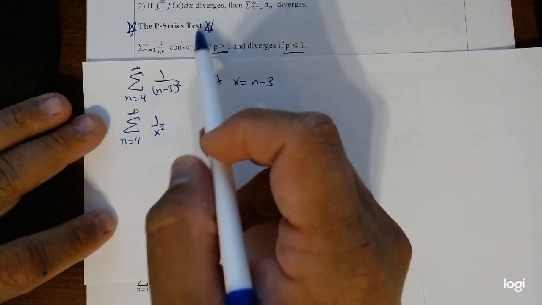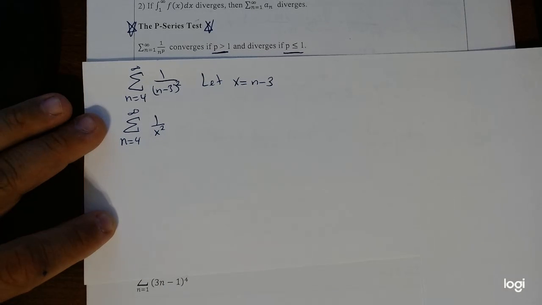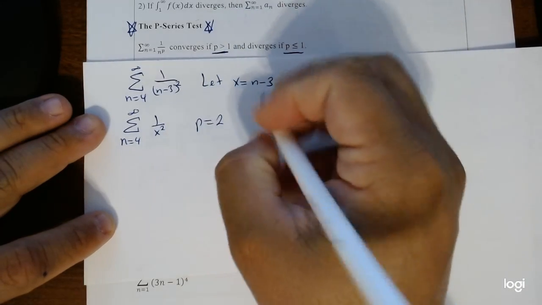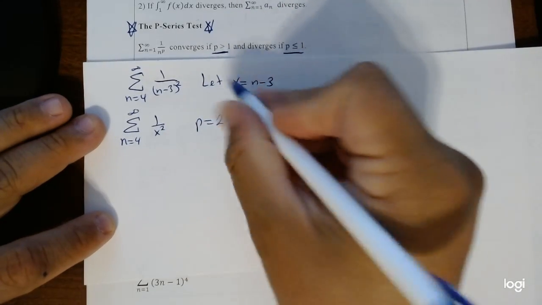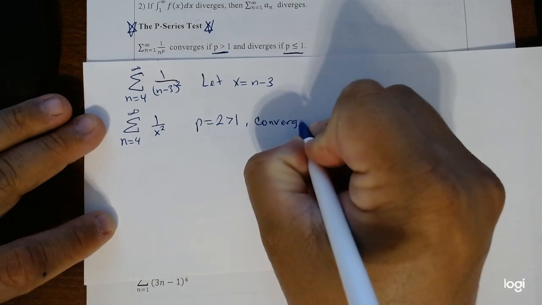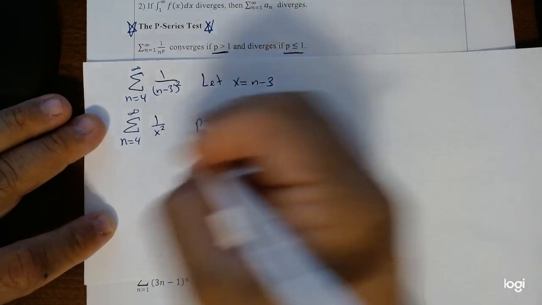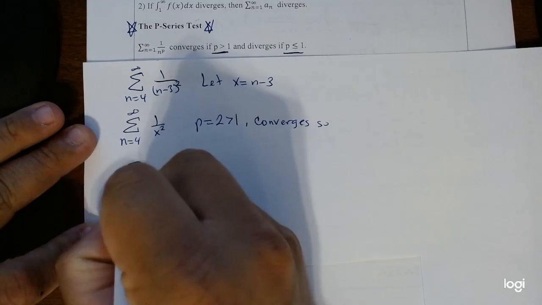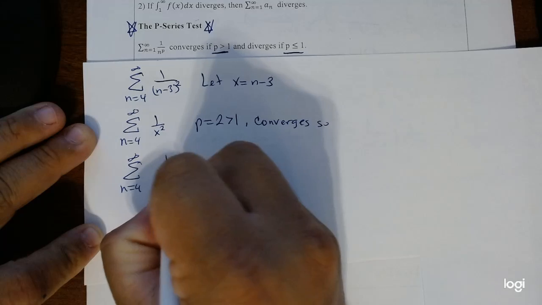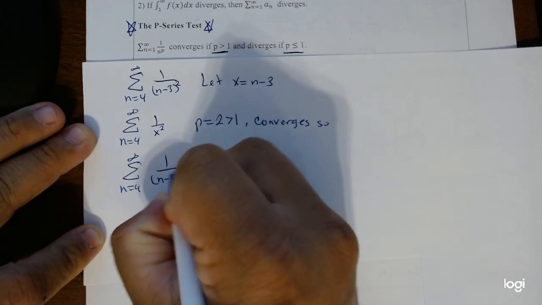So we can actually use the p-series test to automatically show if it converges or diverges, because we weren't asked to find the actual value itself. So therefore, our p-value is equal to 2, which is greater than 1. So by default, this converges. So by the same reasoning, the sum of n equaling 4 to infinity of our original one also converges.